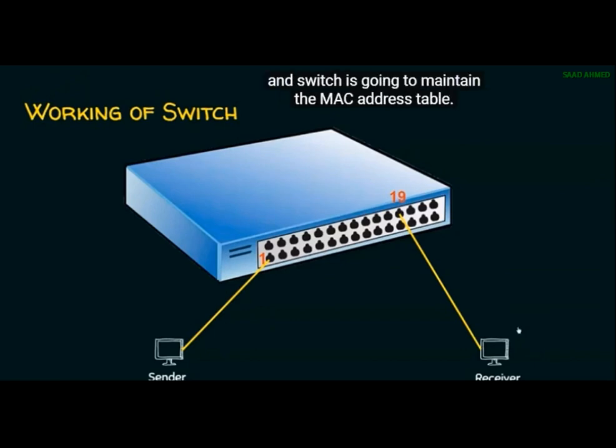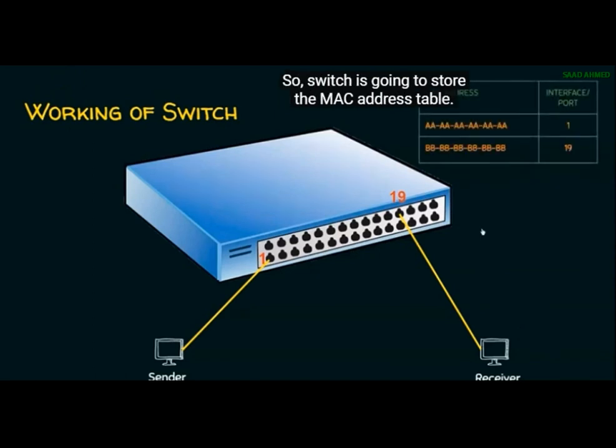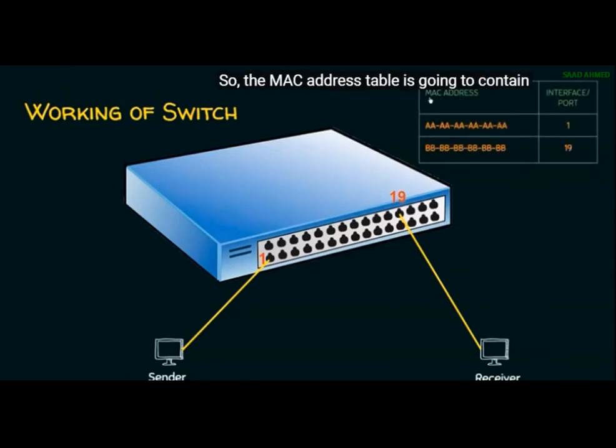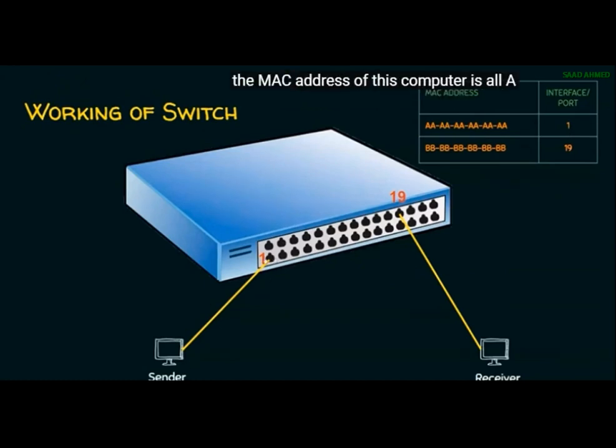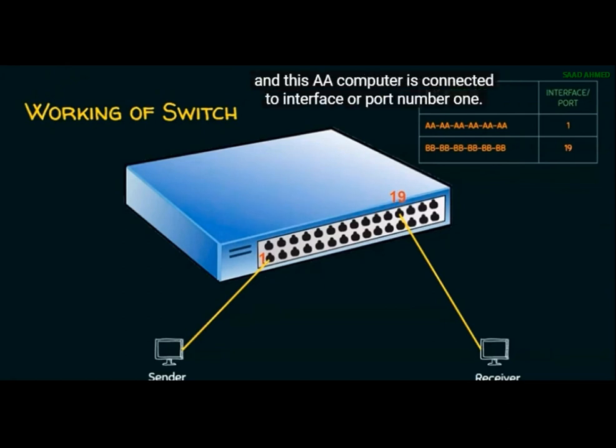The switch is going to maintain the MAC address table. What is going to be there in the MAC address table? The MAC address table is going to contain the MAC addresses of devices that are connected, AAAA for example, to the interface port 1, which is the sender, and BBBB for port 19, which is going to be the receiver.